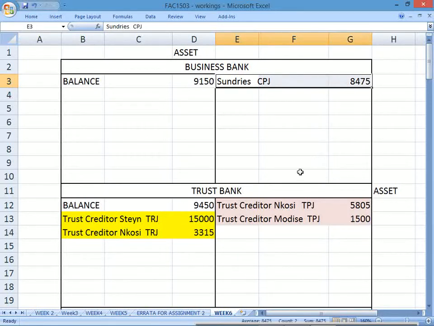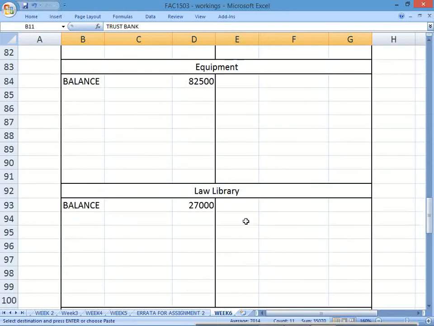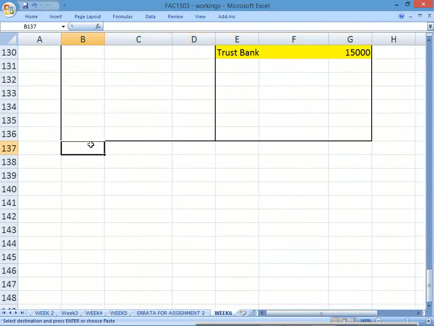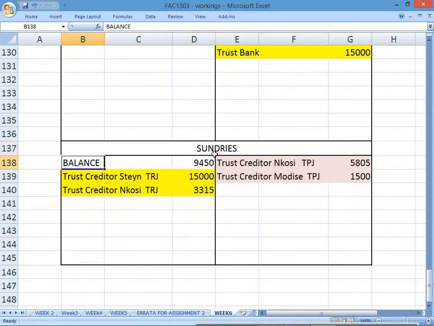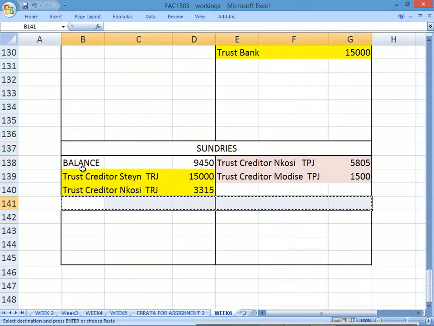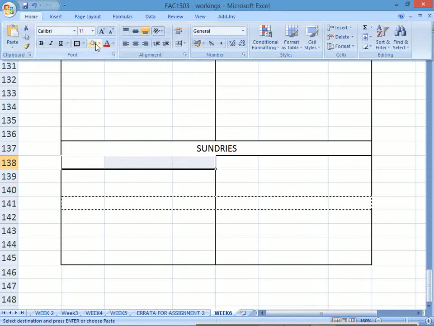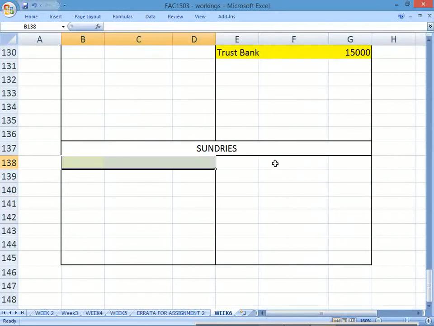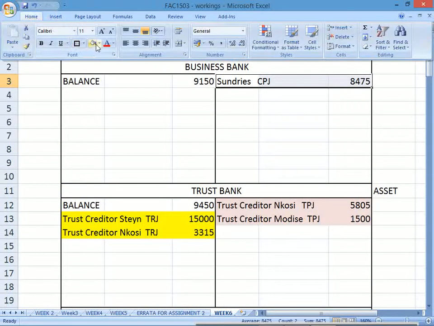Right, I don't have a T account for sundry, so I'm going to make one here at the bottom, sundries. I just want to show you everything so you can see all of it. Right, in sundry, I would have shown the other half of the account. Okay, so I can't record a credit without a debit.